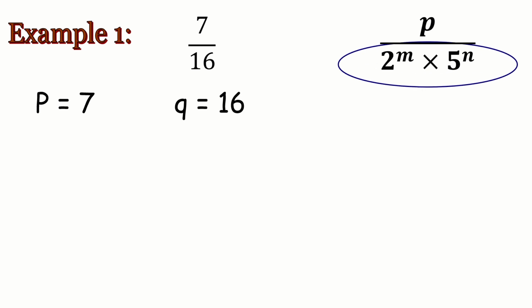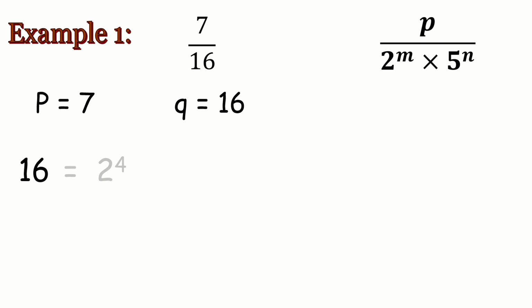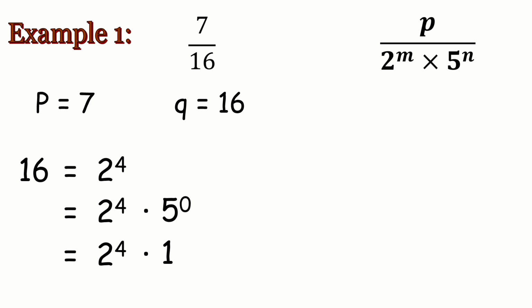So we're going to start and work with the Q. 16, let us break it down. So we have 2 to the 4th power, which is basically 16. As for the 5, we could say times 5 power 0, which is equivalent to 1. So yes, this could work.